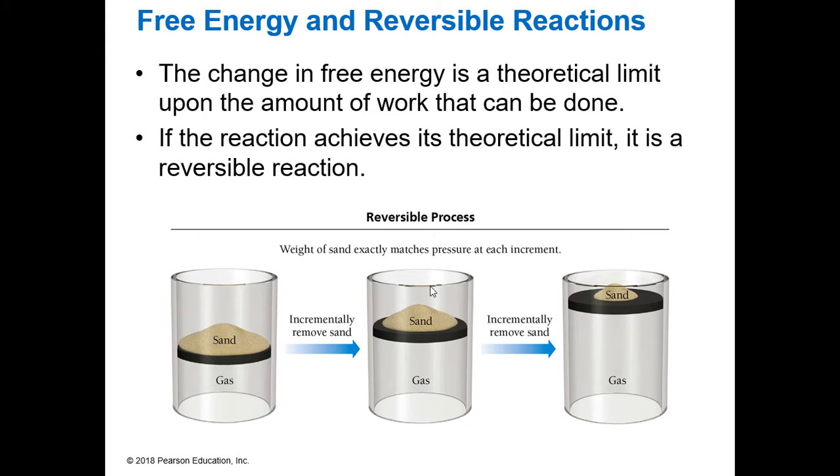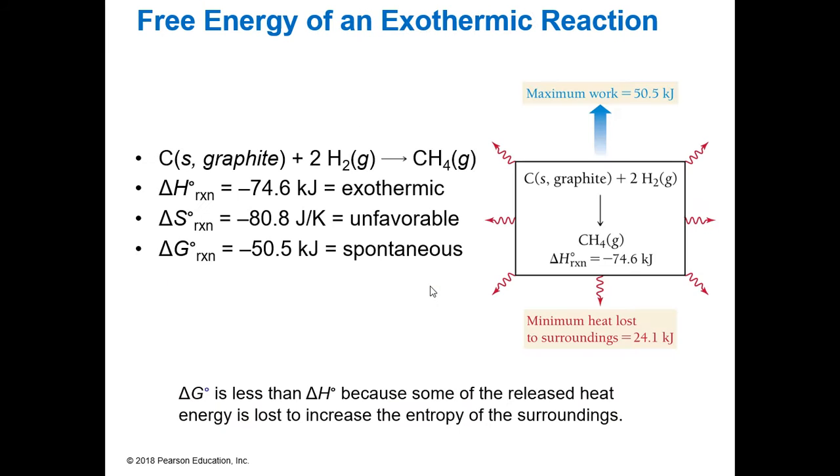If we had a reversible reaction, then the free energy is the theoretical limit of work that can be done. So what that means is, even though back here we said that the maximum amount of work that this reaction can do is 50.5 kilojoules, most likely that is not how much work will be done.